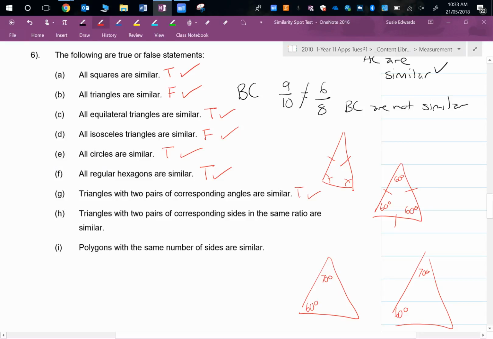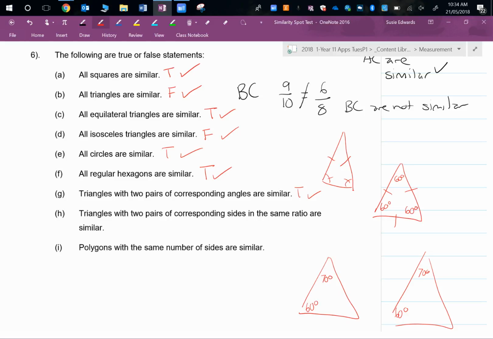Triangles with 2 pairs of corresponding sides in the same ratio are similar. Now, in the answer key it says true. I think this is actually false. It's like an isosceles. And you just said an isosceles wasn't.